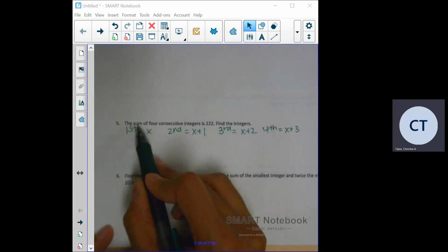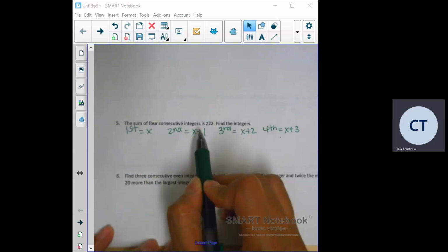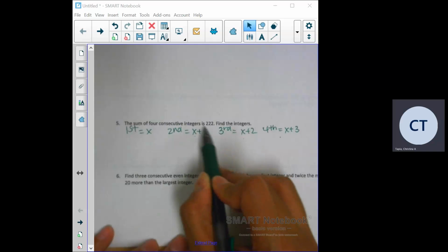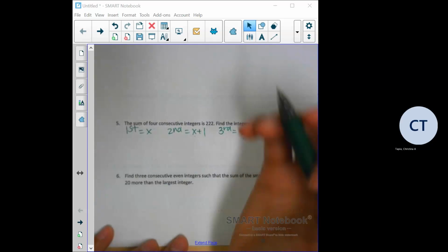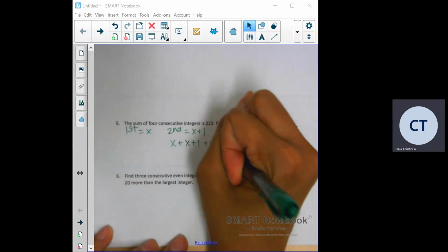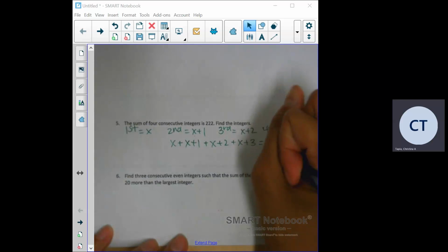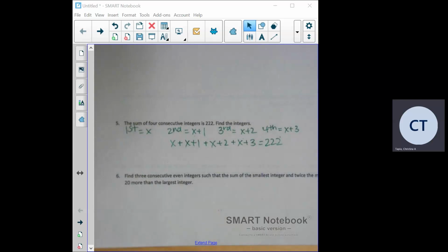Okay, so from here it says the sum. Okay, well, the sum means we need to take all 4 of these integers that we just labeled, add them up, and see if it will equal 222. So I'm going to take x plus x plus 1 plus x plus 2 plus x plus 3, and I'm going to set this equal to 222.